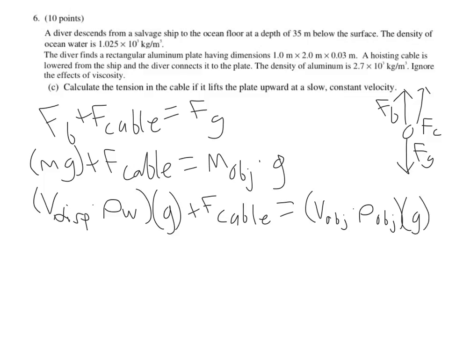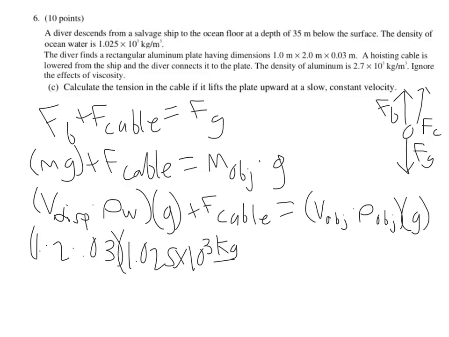It's about to get messy, so I apologize. The volume is equal to length times width times height, which is 1 times 2 times 0.03. The density is 1.025 times 10 cubed kilograms per meter cubed. And the gravity is 9.8 meters per second squared. I didn't include units because it took up too much space.